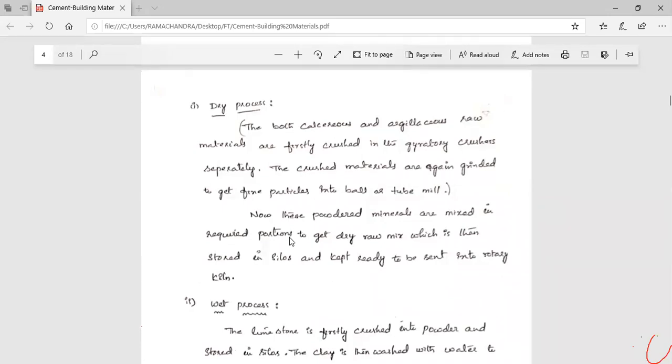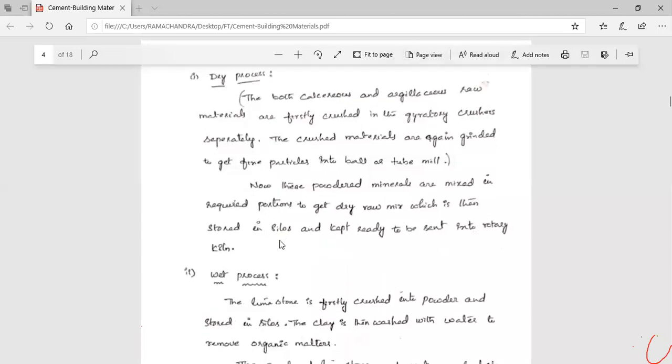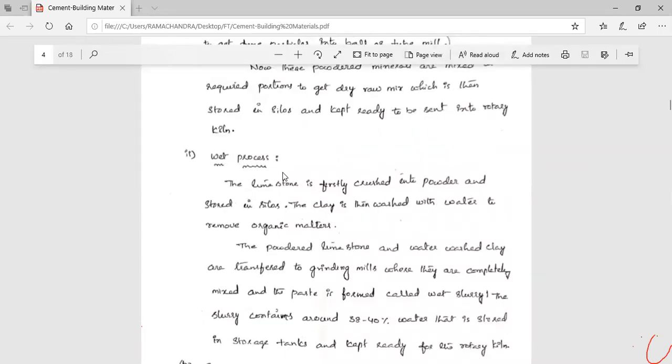So next we go for the wet process. In the wet process also, limestone is firstly crushed, made into powder and stored in the silos. Similarly, clay is then washed with water to remove the organic matter.